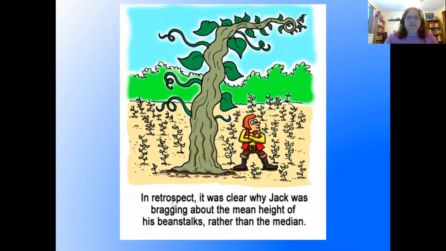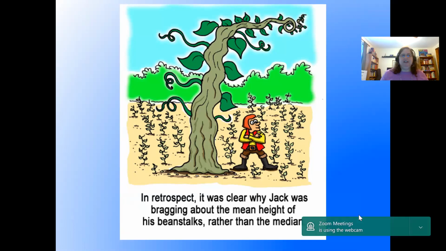In retrospect, it was clear why Jack was bragging about the mean height of his beanstalks rather than the median. Why is he bragging about the mean rather than the median?